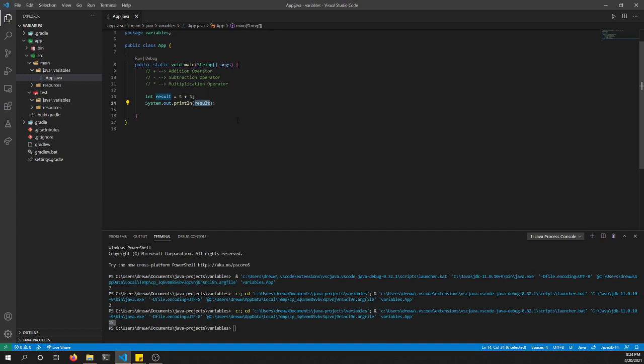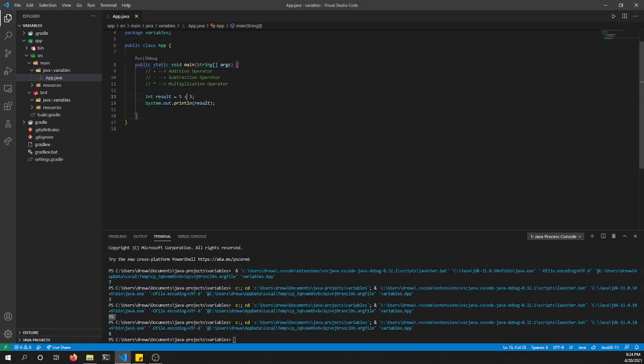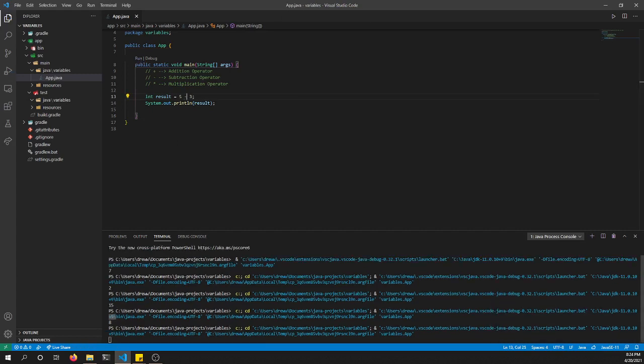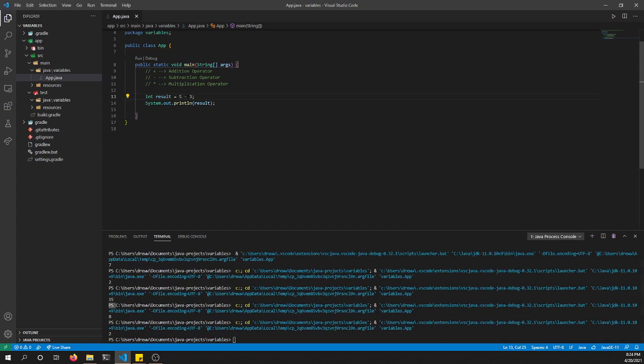We'll stick with the variable for now just so we can see it. So here's our addition, and 5 plus 3, in this case, is 8. 5 minus 3, we get 2, and 5 times 3, we get, hopefully, 15 again. So that, I hope, is all working as you would expect.